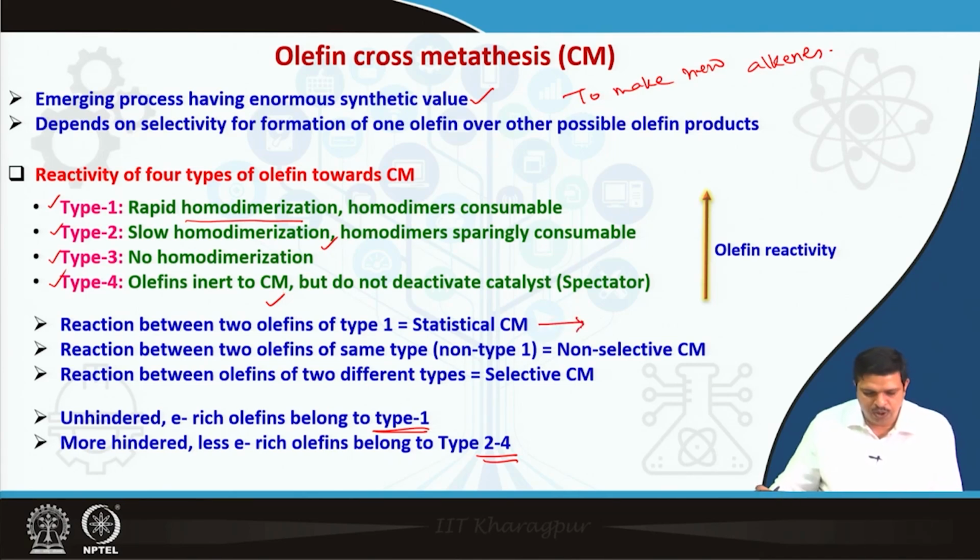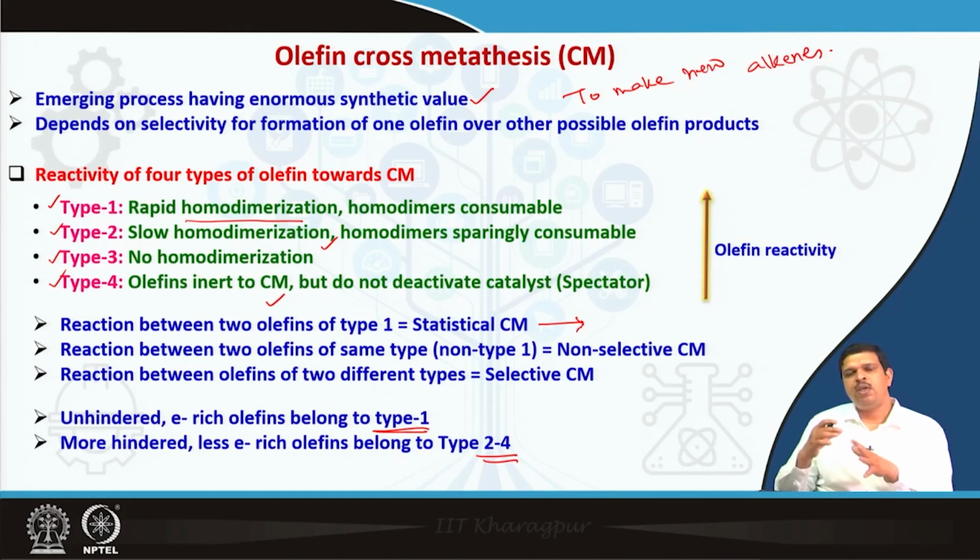If you react two olefins, you will get a statistical cross metathesis reaction. Reaction between two olefins of the same type gives non-selective cross metathesis, and reaction between olefins of two different types gives selective cross metathesis.